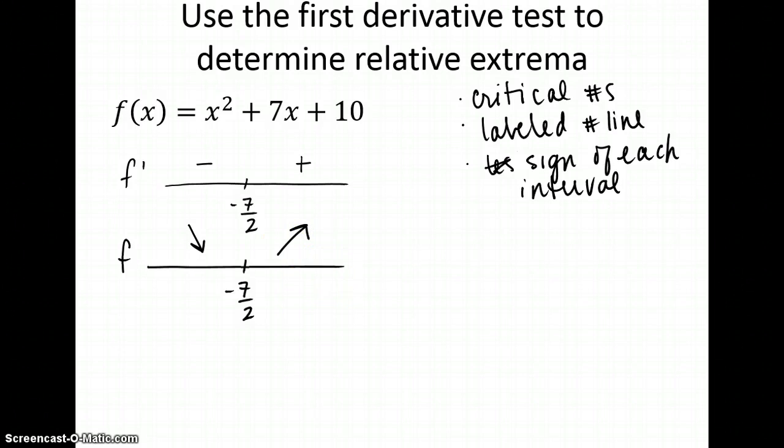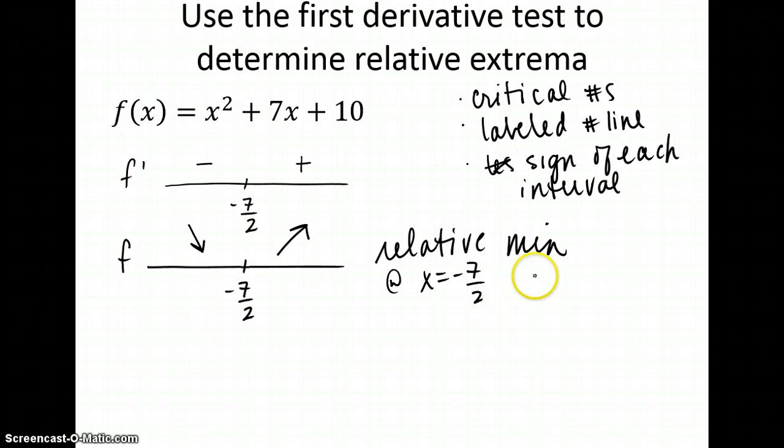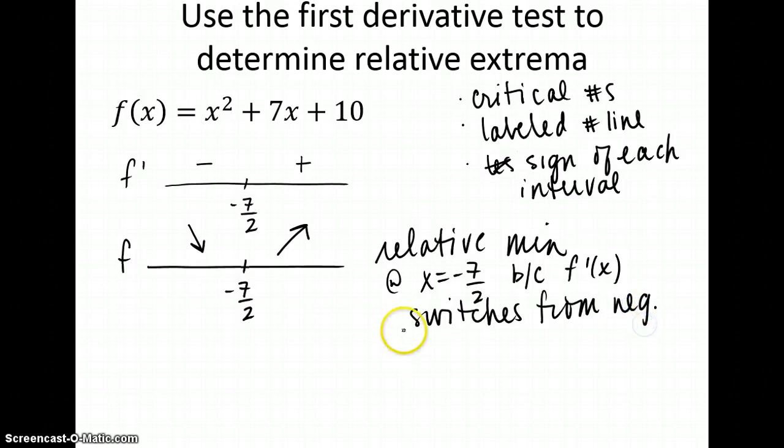So now what does the first derivative test say? A relative minimum occurs at x equals -7/2. And you have to justify, and we've talked about this, you have to justify if you're going to use the number line. So a relative minimum occurs at -7/2 because the derivative switches from negative to positive. Now, what is the relative minimum?